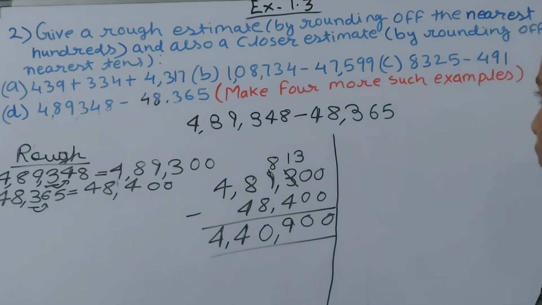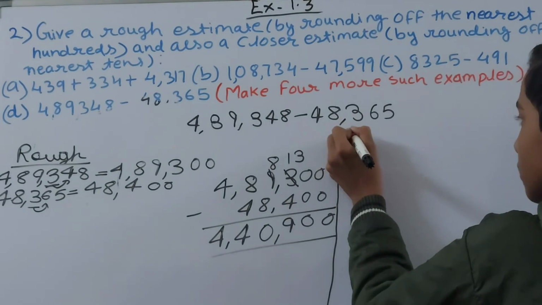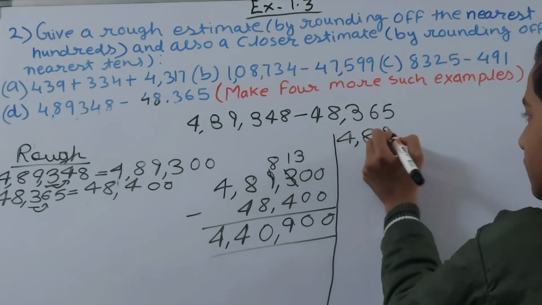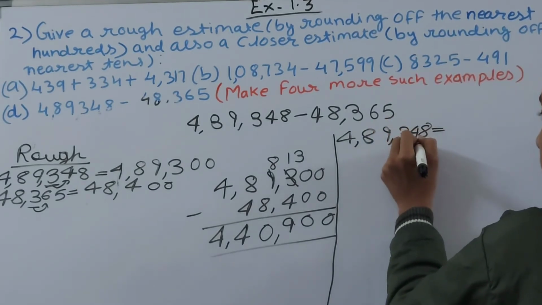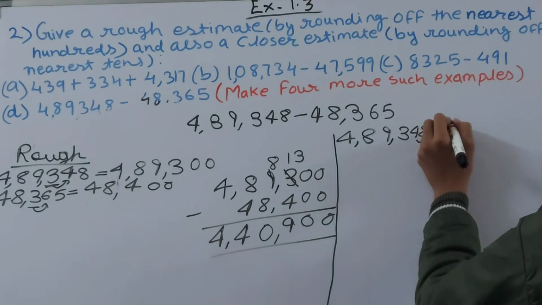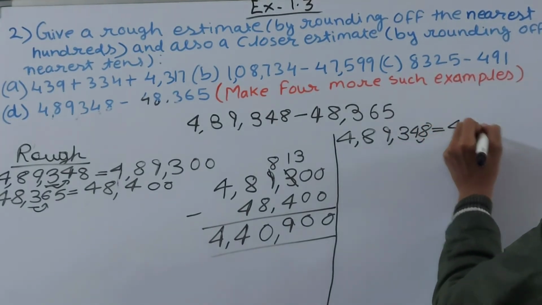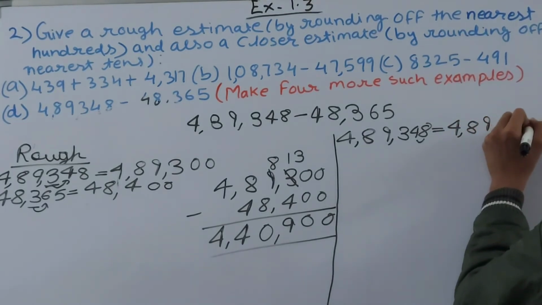In the closer estimate, we will round them off to the nearest tens place. So first we have 4,89,348. Round off to nearest tens, 4 here, move one place back, 8 here. So we will add 1 to 4, 4,89,350.